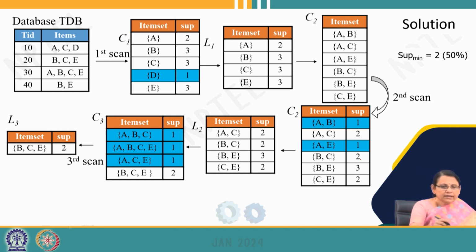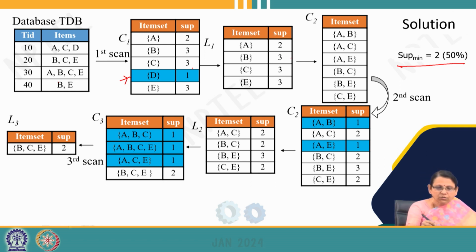So, we scan: A is occurring twice, B has occurred 3 times, C, D, etc. Out of this, if we decide that we keep minimum support to be 50%, then this is to be pruned. So, we have pruned this item, removed this item for further consideration. Why so? Because from the apriori principle we know that if we keep it and add more to this set, that item is not going to be frequent.